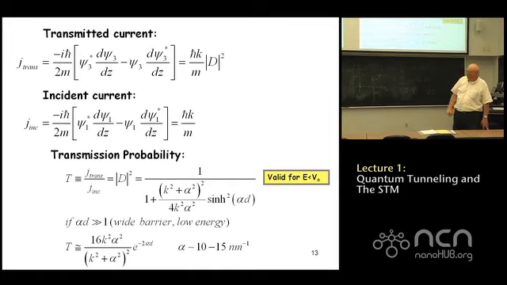Alpha is a decay constant, and for typical barriers it's on the order of 10 to 15 inverse nanometers. You can evaluate that. I think there'll be a homework problem where you can put numbers in and convince yourself that this is a reasonable range of alpha.